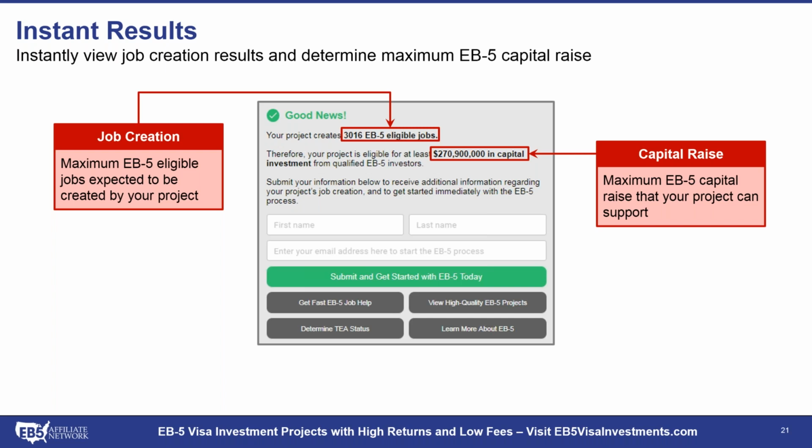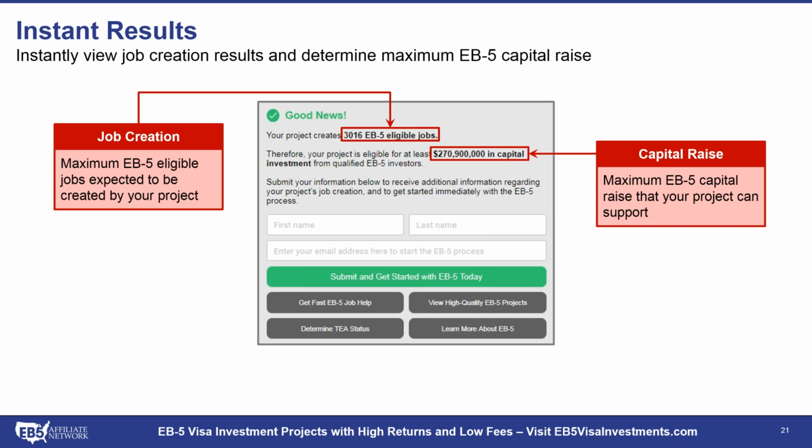And it'll also tell you how much EB5 capital the project could support, right? And of course, that number is going to vary depending on if it's a TEA or if it's not, right? But we've set it up so that it initially reflects as though you are located in a TEA as a minimum amount of EB5 investment.